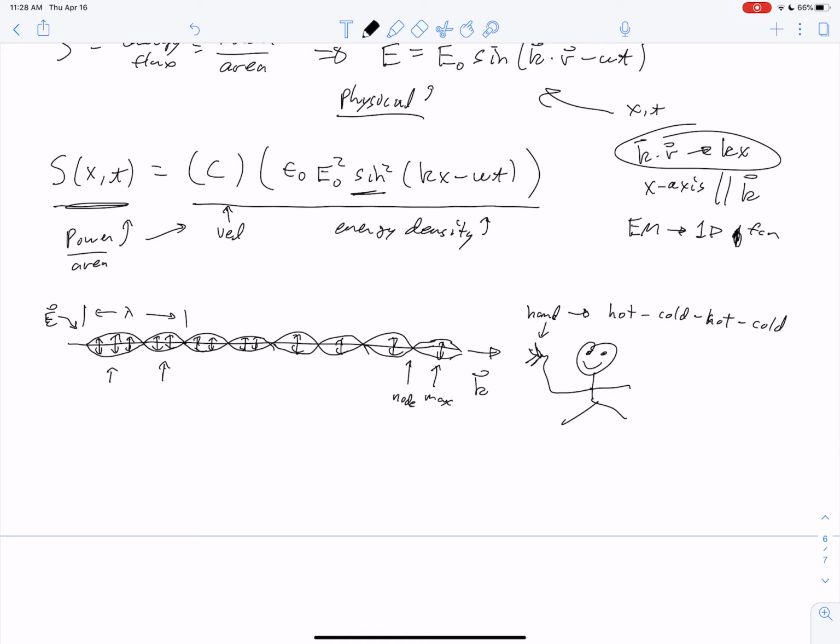So you can see that the power absorption in my hand, if I look at the power, the energy per time that I absorb, is going to go up, down, up, down, up, down, up, down, like that. So it's going to oscillate. It oscillates very quickly.